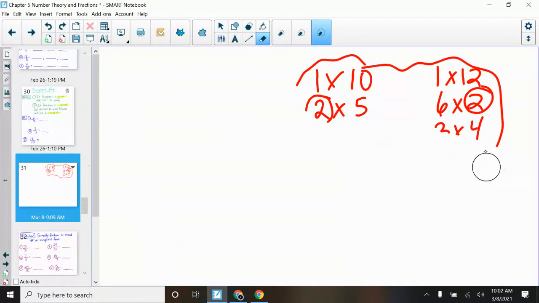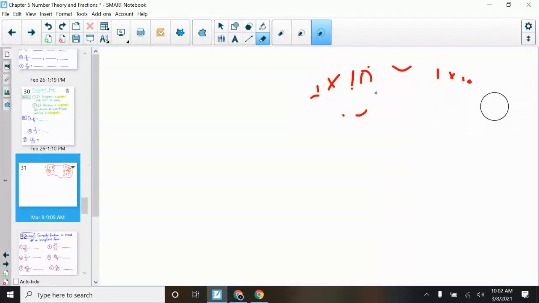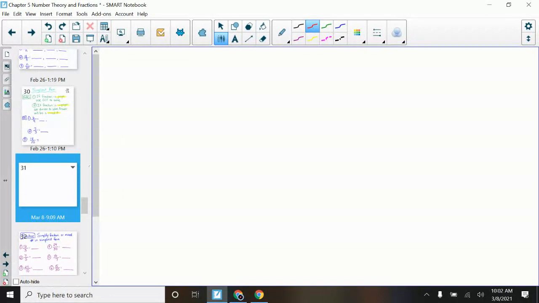My example of an improper fraction that needs to continue to be simplified is going to be 18 over 12. Okay, that's an improper fraction. Simplify that thing all the way and give me your final answer.